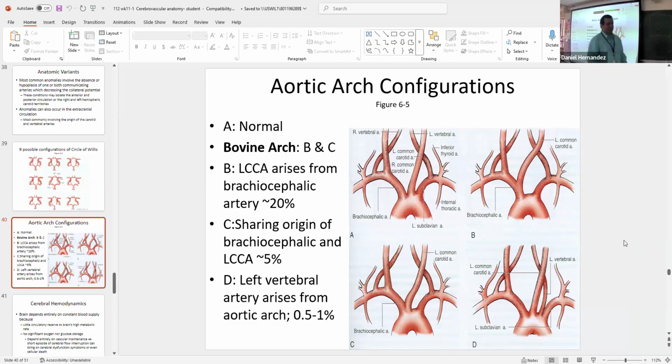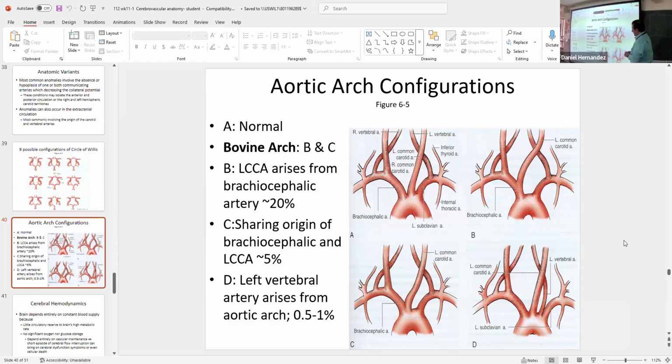So that's a bovine arch. It's the most common, about 20%, but you're going to see that left common carotid artery has a branch off the brachiocephalic there. And then our right common carotid artery a little further up.